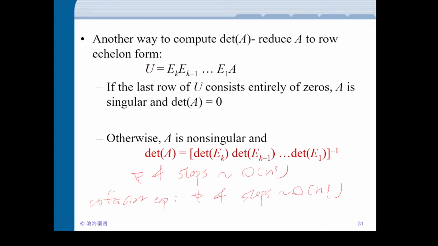And if A is non-singular and U doesn't have a row of 0, then U is just identity. Then the determinant of A is the determinant of all those E's, taking the inverse. Yeah. So this is reduced.